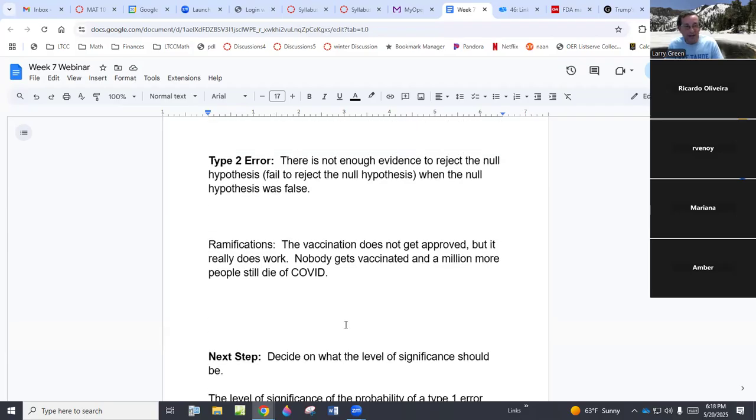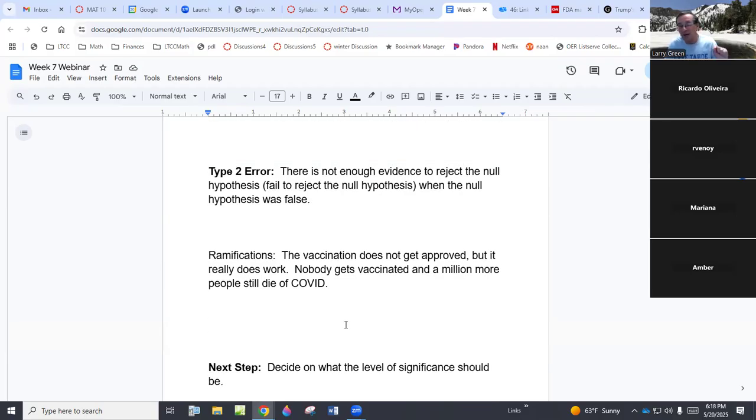The next step, by the way, is a step-by-step process. Step 1 is you decide on your null hypothesis and alternative hypothesis. Step 2 is you determine the ramifications of a type 1 and type 2 error. And step 3 is decide on what's called the level of significance.